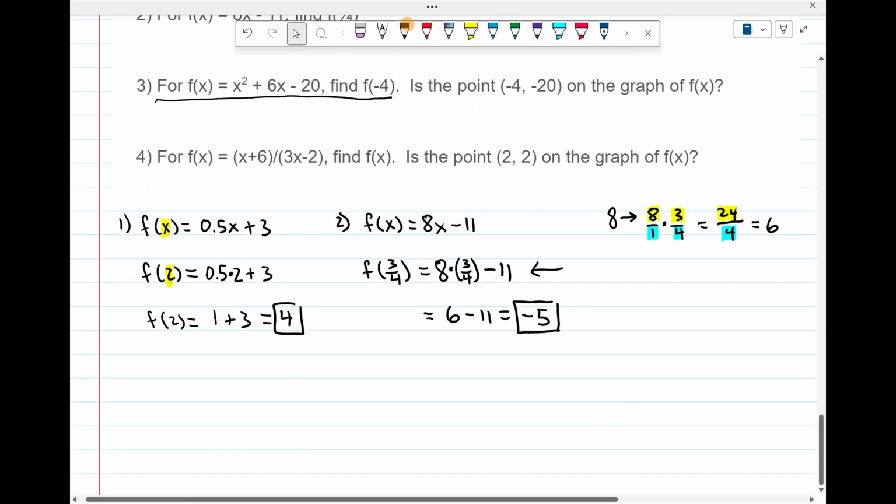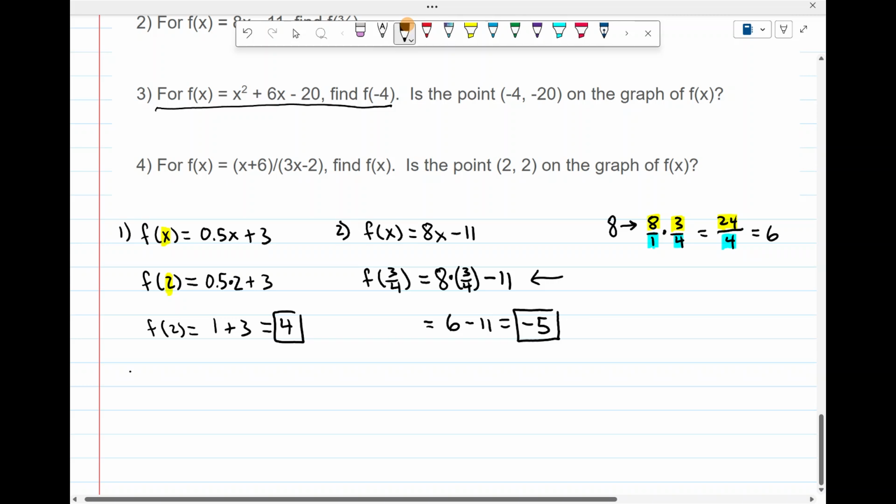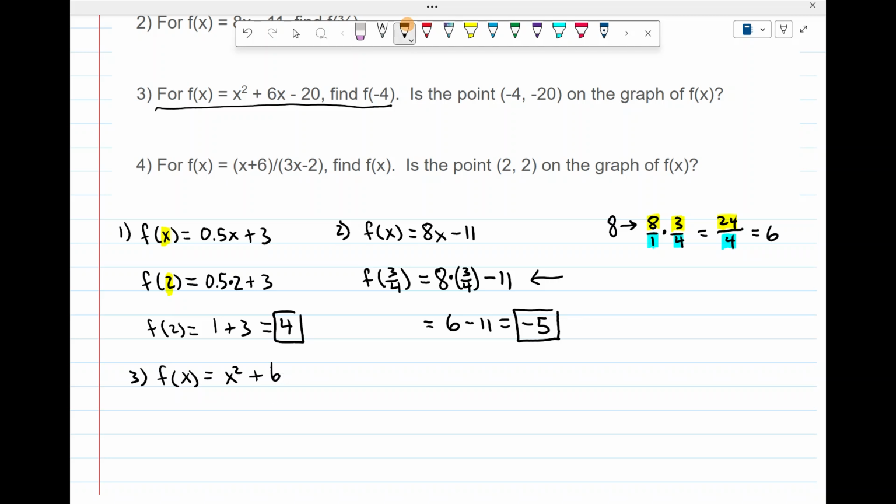All right, so for number 3, we're going to write f of x is equal to x squared plus 6x minus 20. And again, I'm going to write underneath it f of -4 is equal to, and here everywhere I see an x, I'm going to replace it with -4.